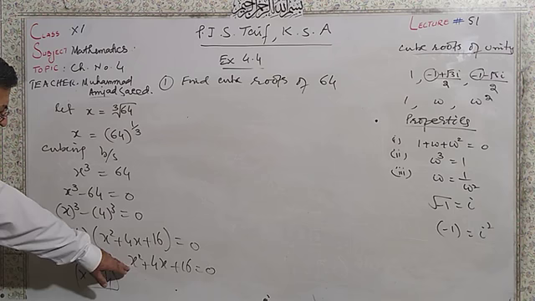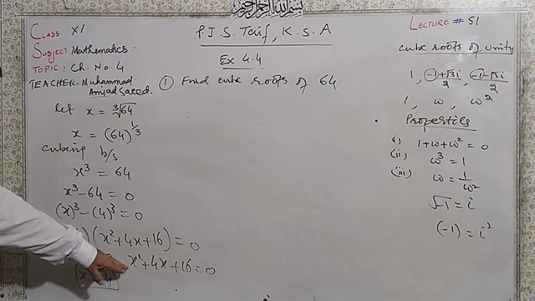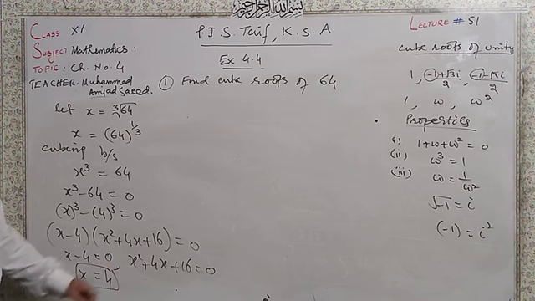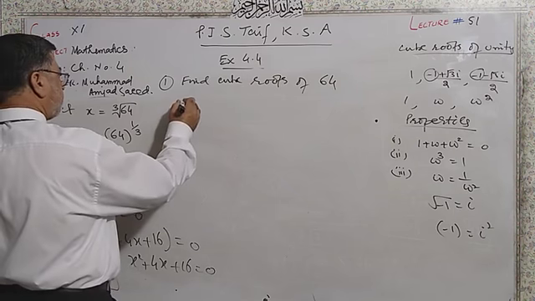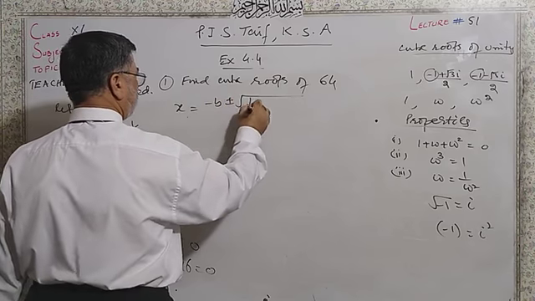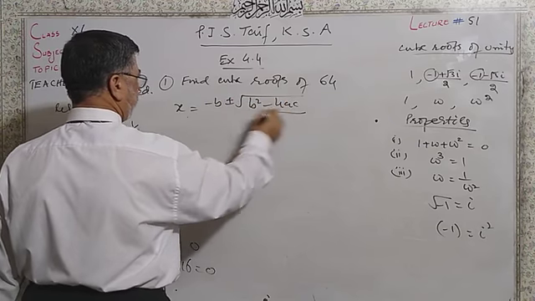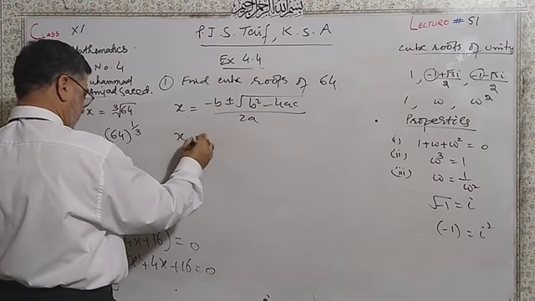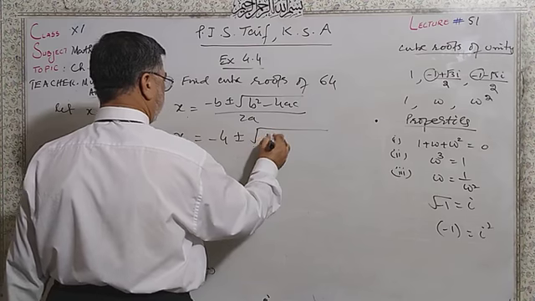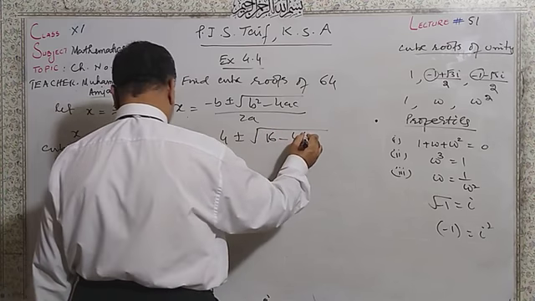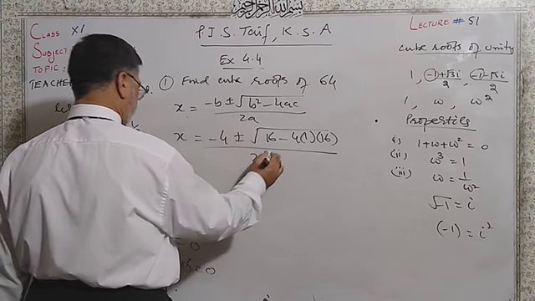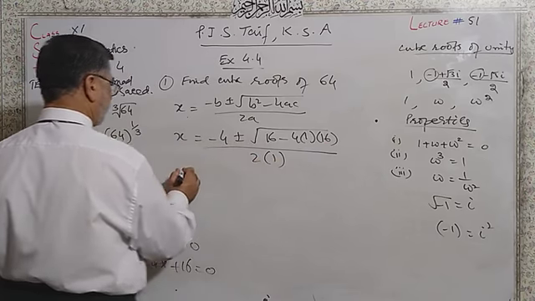And from here to get other roots, we will apply here quadratic formula. x is equal to (-b ± √(b² - 4ac)) / 2a. x is equal to (-4 ± √(4² - 4 into 1 into 16)) divided by 2 into 1.